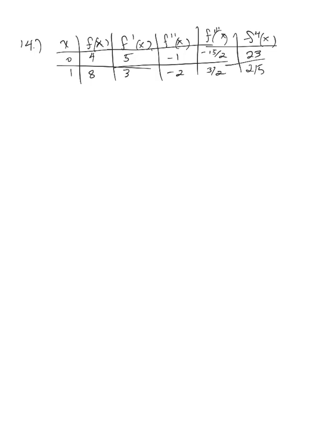Okay, so they say let f be a function having derivatives of all orders for all real numbers, okay? For all real numbers. Selected values of f and its first 4 derivatives are shown below.